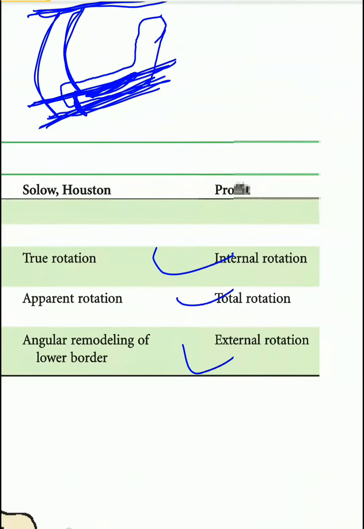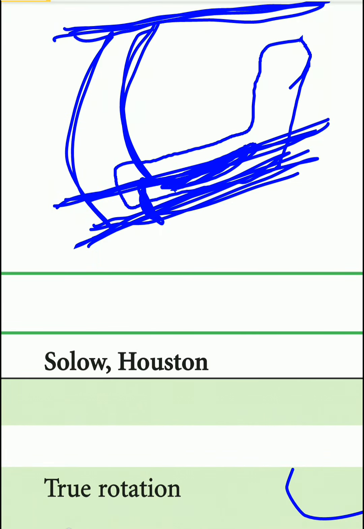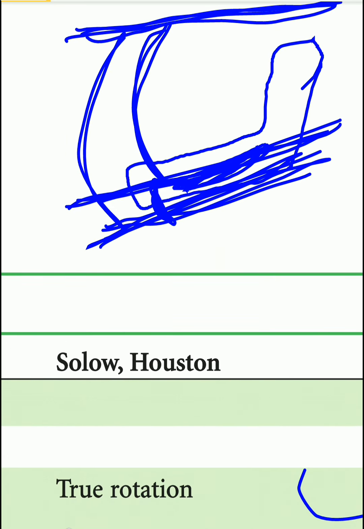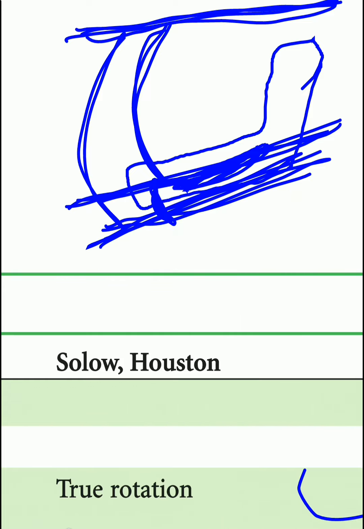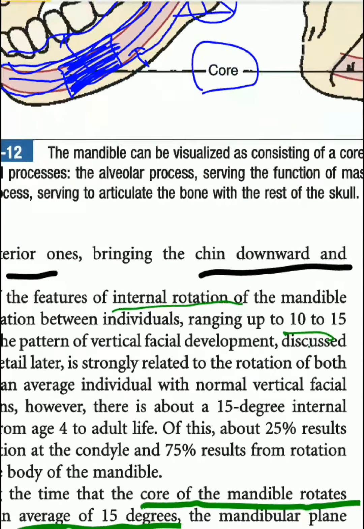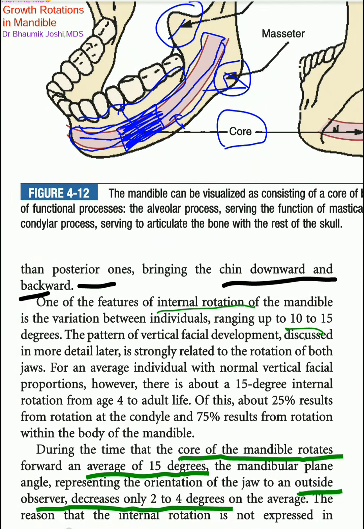So what happens actually is that within a normal individual, the internal rotation is 15 degrees, but the external rotation, from the external surface, is around 10 to 12 degrees in the opposite direction.